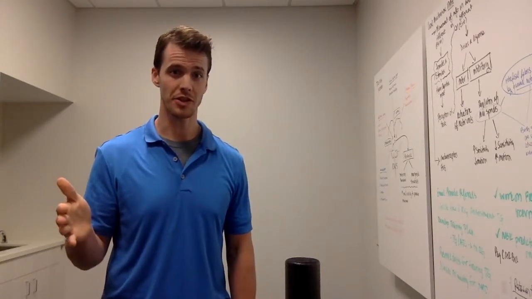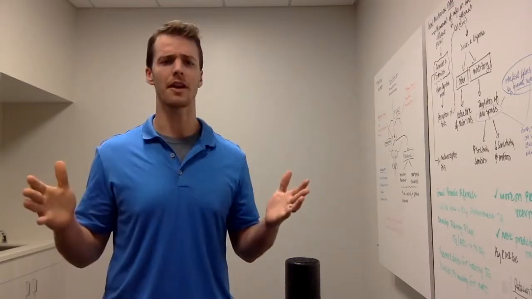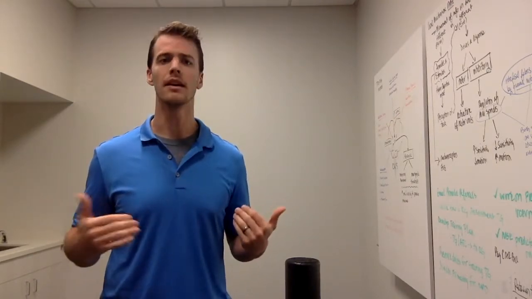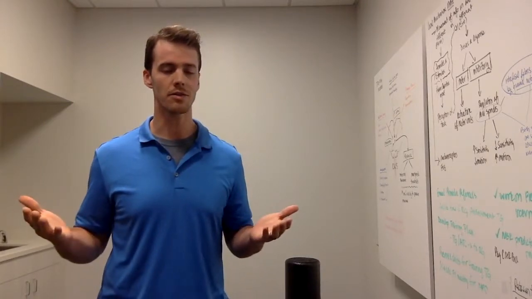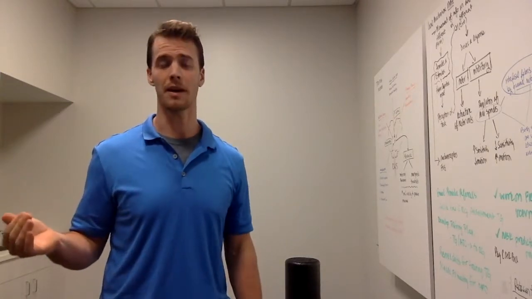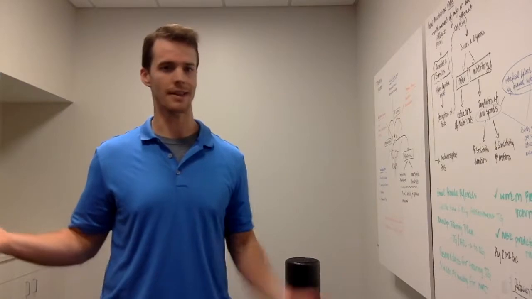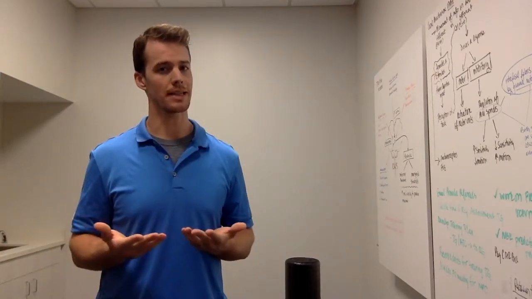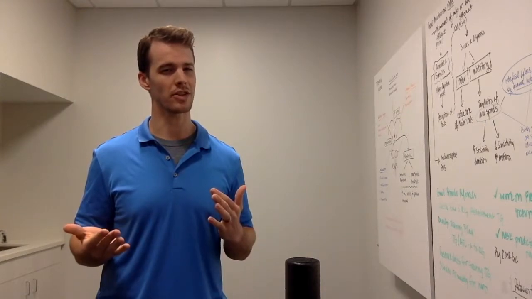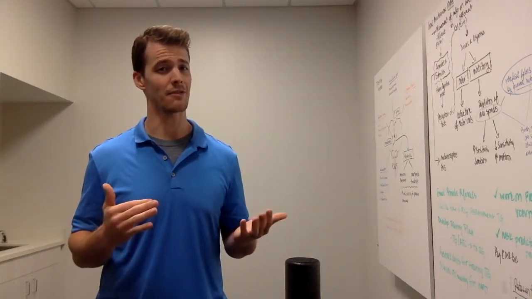Length tension relationships, just like any other aspect of one's physical being, is going to be different from person to person. We do know that length tension relationships are really affected by your daily activities, whatever you're asking your body to do the most. We can't expect somebody who spends most of their time at a desk to have the same length tension relationships as somebody who's active all the time.